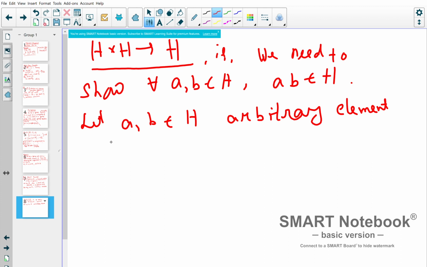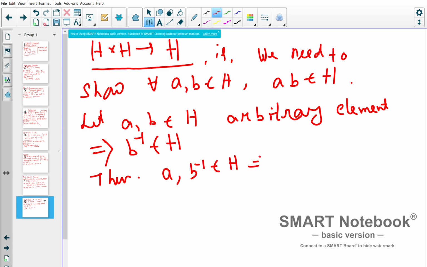Then you know that B inverse also belongs to H because 1 is an element of H, and thus A B inverse belongs to H, which implies that A B inverse whole inverse, which is nothing but A B, is an element of H. See, I just used the property that whenever two elements are there, then A B inverse is also an element of it. Okay, and this completes the proof. So QED.